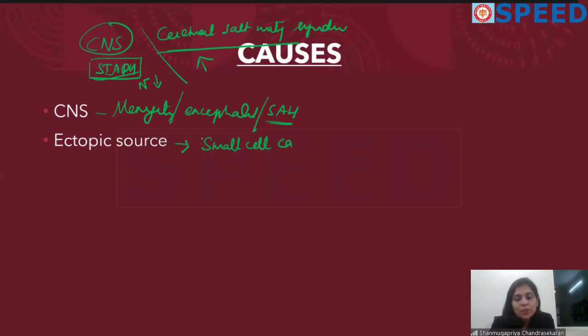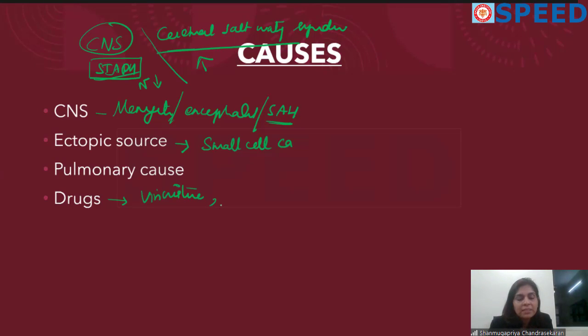Or it can be because of drugs. Pulmonary cause, yes, pneumonia can present as SIADH. And then what are the drugs which present as SIADH? This has been asked so many times, right?